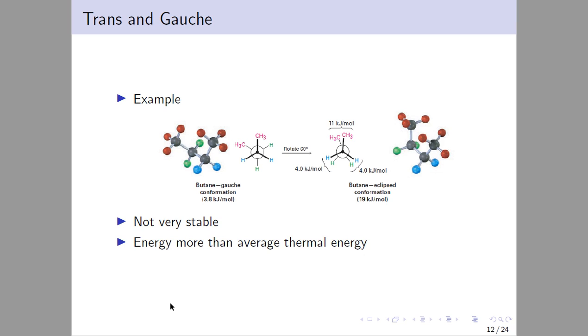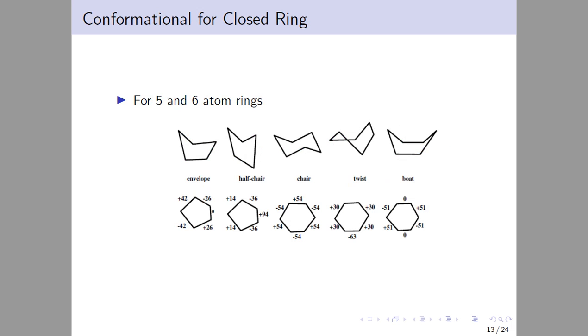So these are energies more than the average thermal energy: 90 kilojoule per mole, while the average thermal energy is about 20 kilojoule per mole. Because of this direction, the molecule tries to get to the lowest free Gibbs energy. So we have a conformation or configuration.